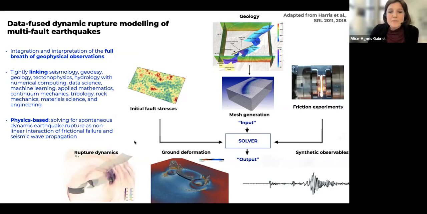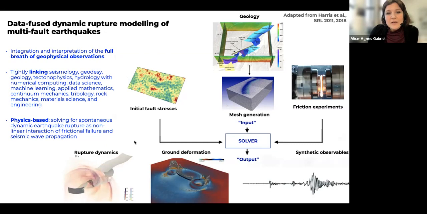We also can use modern approaches from data science and applied math to make sense of the big data that we're producing. And we do need a fundamental understanding of continuum mechanics, rock mechanics, material science, and engineering to make sense of the simulations we're performing.